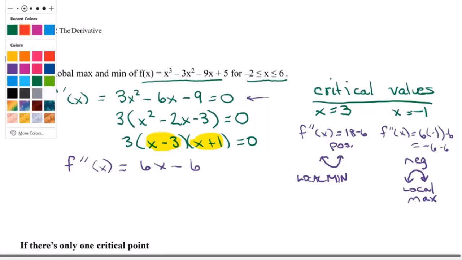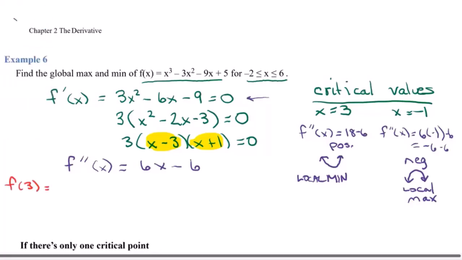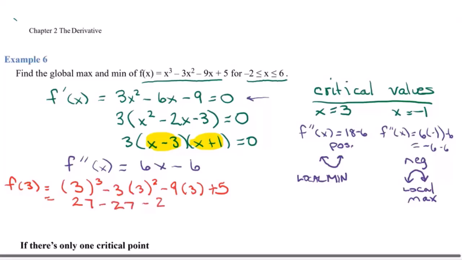So what I mean by that is go back to our original function, and it's equal to 3 to the third power minus 3 times 3 squared minus 9 times 3 plus 5. So this is equal to 27 minus 27 minus 27 plus 5.